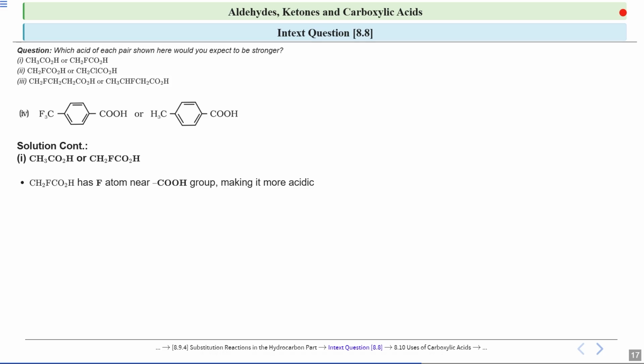So it makes it easier for CH2FCO2H, which is this one, to donate a proton, and thus it increases its acidity. So finally, I can conclude that CH2FCO2H is a stronger acid because of the presence of a fluorine atom near the carboxylic group, which makes it more acidic. Okay? Now we will see the second part.